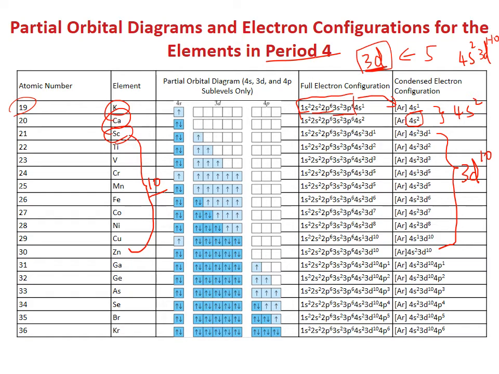This is because up to calcium here, 4s orbital is already full, and that's why from scandium to zinc, in general, 4s should be 2 electrons, and then the additional electrons go to d until d becomes 10. However, there are 2 exceptions. Okay, one is chromium, one is copper. So these 2 have electron configuration 4s1.